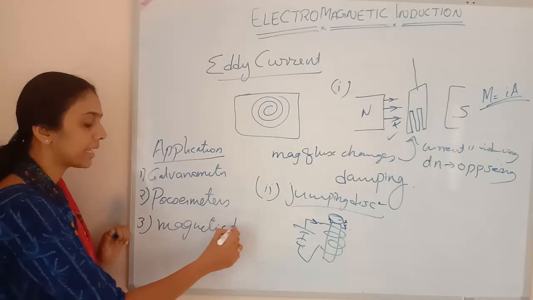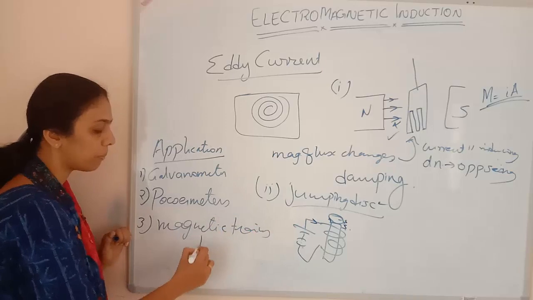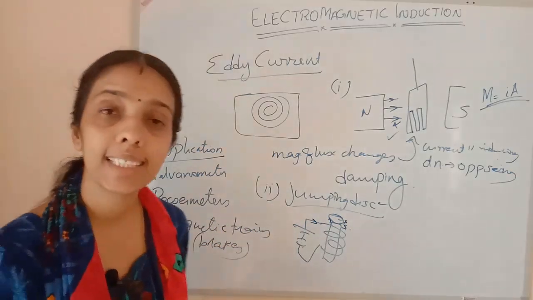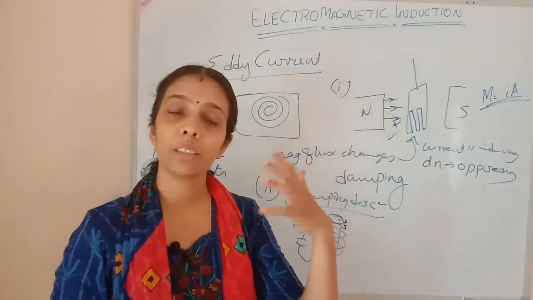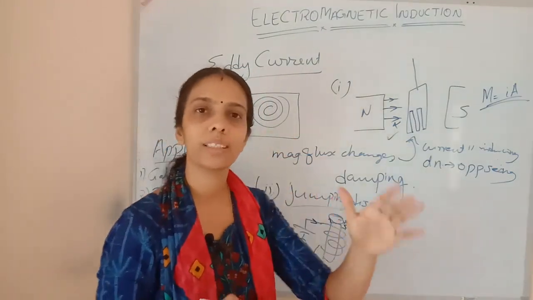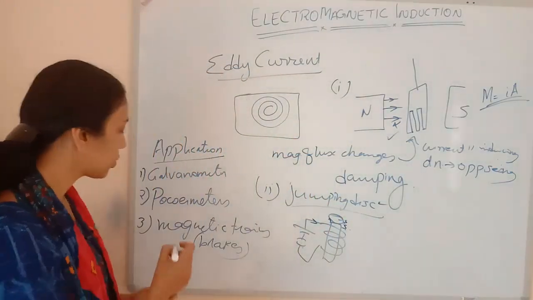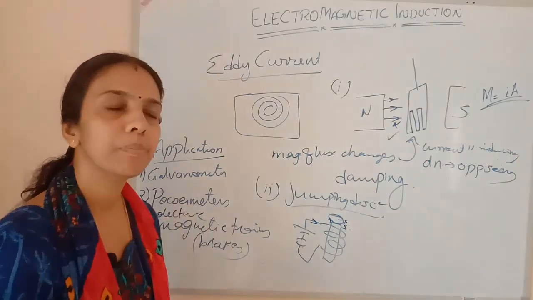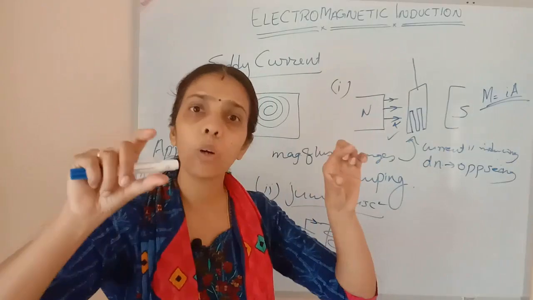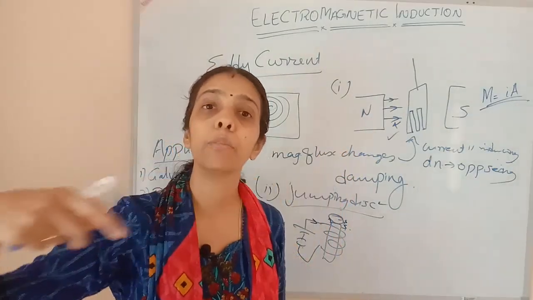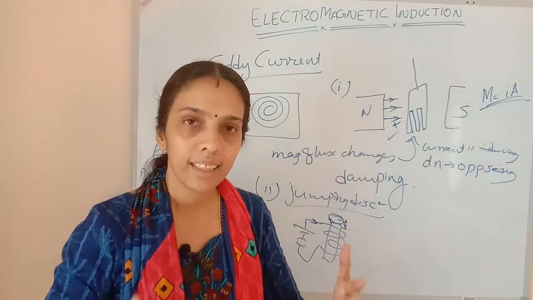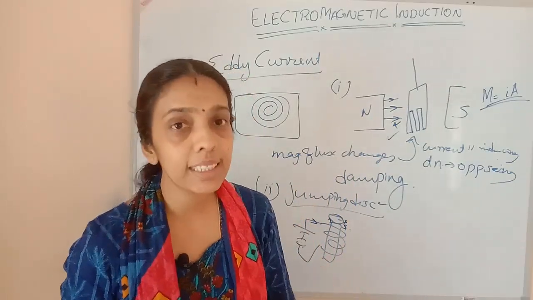The next one is in magnetic trains, where magnetic brakes are applied. How is it applied? In electric trains, just above the rails they keep some strong electromagnets. Whenever it is required, they make that electromagnet active.